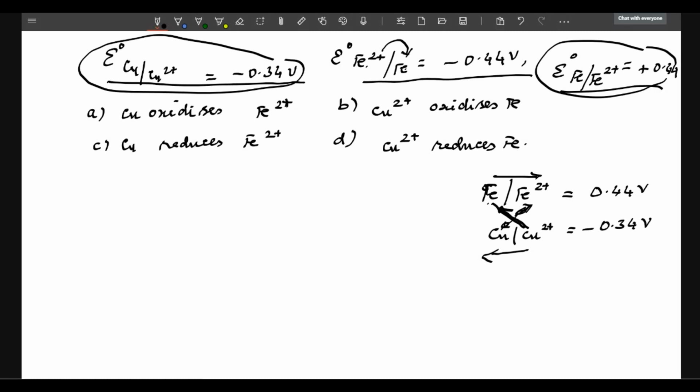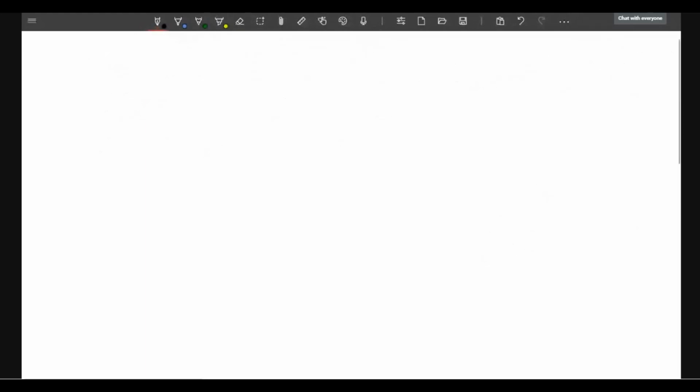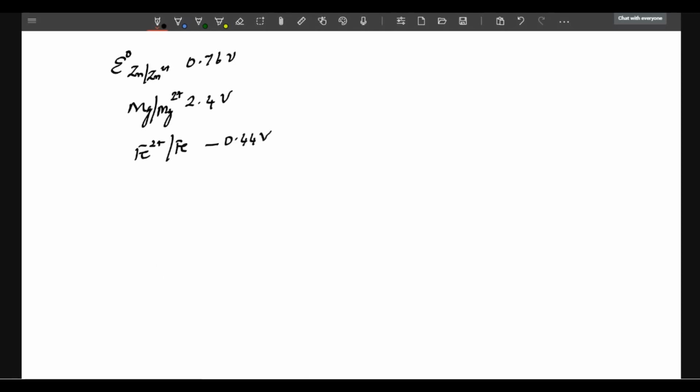Given the electrode potentials, zinc bar zinc 2 plus, standard electrode potential 0.76 volt, magnesium bar magnesium 2 plus, 2.4 volt, iron 2 plus bar iron, minus 0.44 volt.